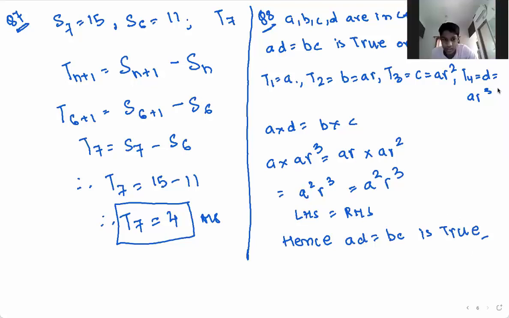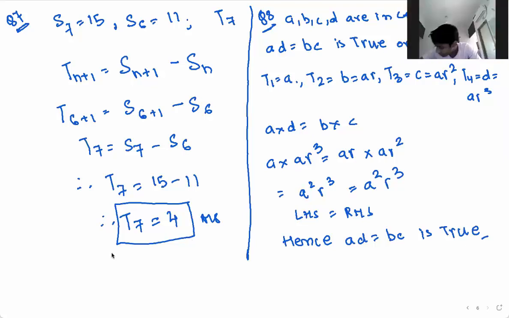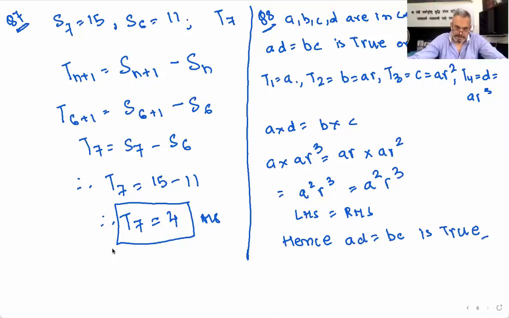Sir, can we do the other one also? Which one? A D upon A is equal to D upon C, the ratio one. Yes, we can do that also.